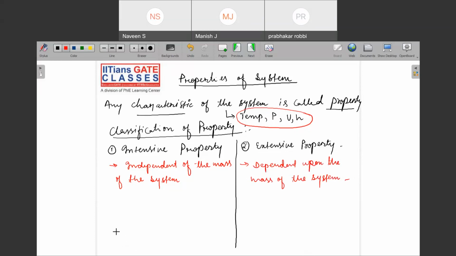Okay. So let us understand which properties are independent of the mass. How can we understand it in a very precise manner or in a very general form? Let us say we have a chamber in which some gas is filled. You will automatically understand what I am trying to deliver here.